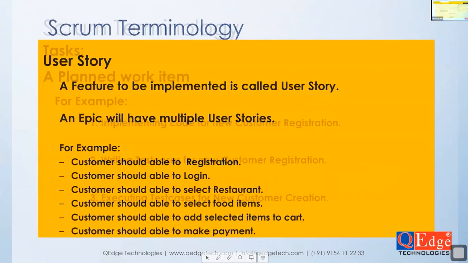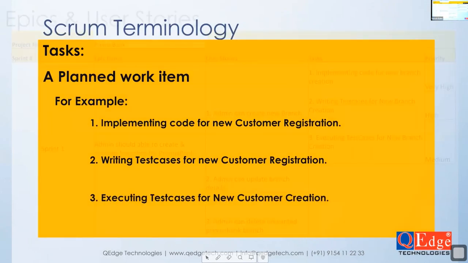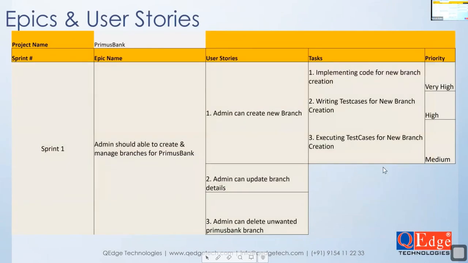In a Primus Bank application scenario, admin should be able to create and manage branches for the Primus Bank, correct? Already they have about 100 branches. They are planning to open a new branch, so admin should be able to create a new branch.